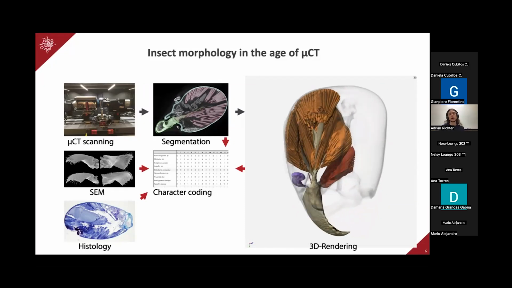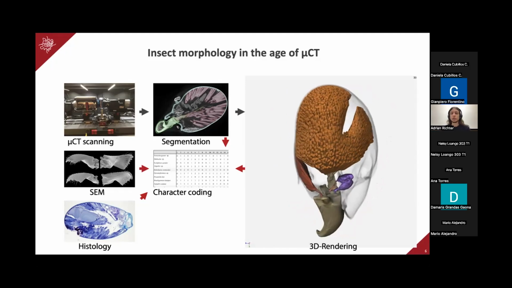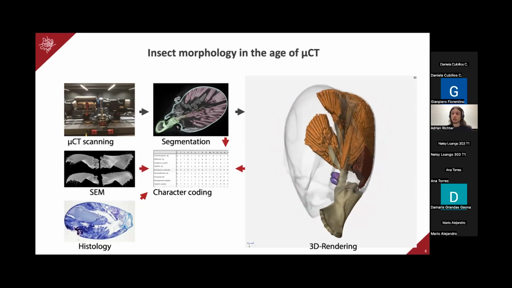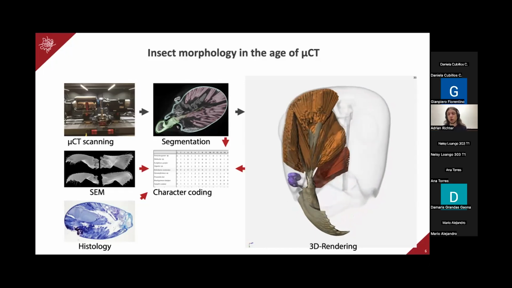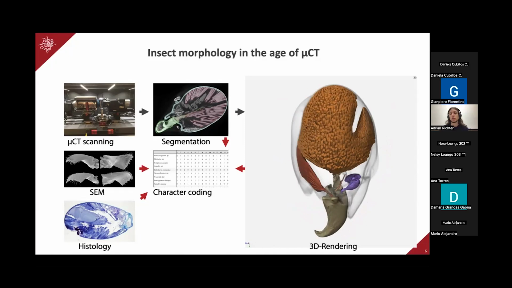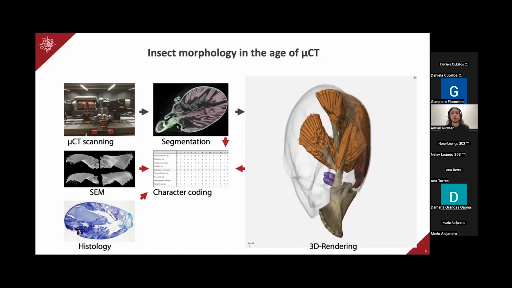And then basically I use all of that morphological information to code it. In the easiest case, I would just code a character matrix to determine features that are present or absent, for example, in different ant species, or rough shapes that are different in different species.